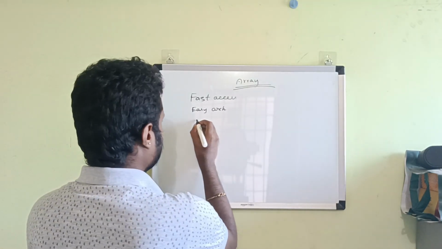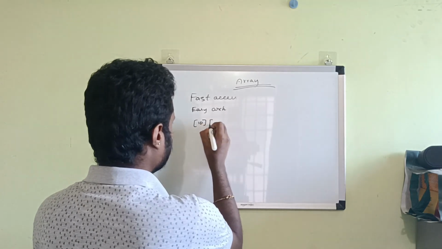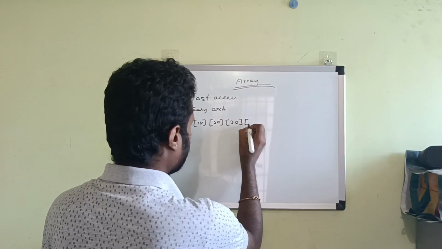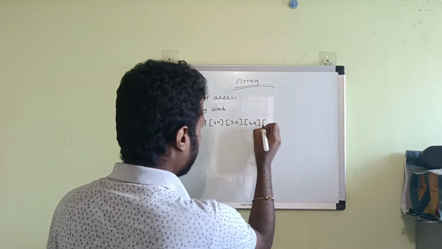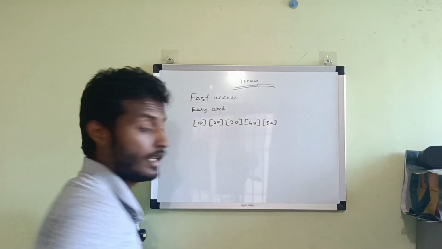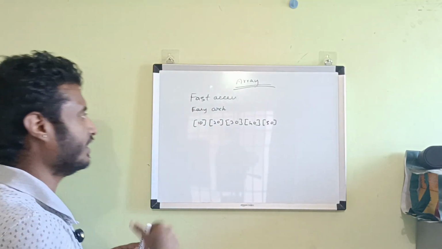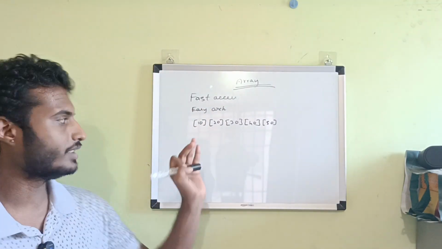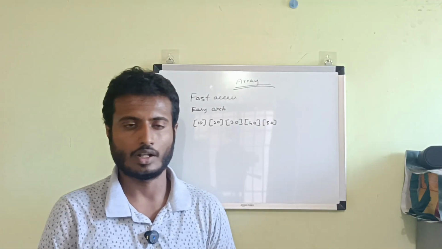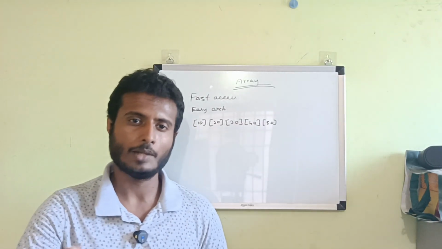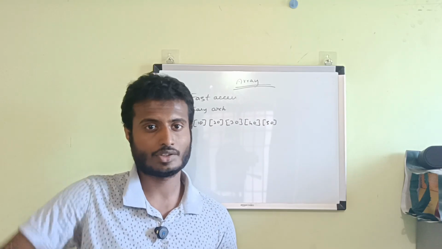Let me write 10, 20, 30, 40 and 50. This is how an array would look, and these are the boxes. Imagine these are different houses. How do you tell people this is your address?